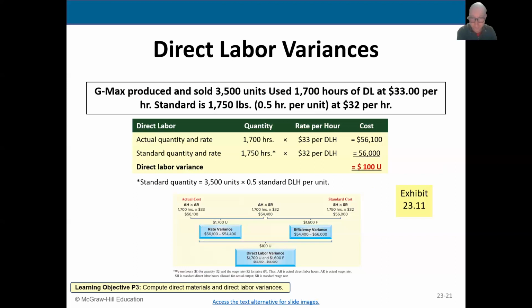That's the actual 1,700 minus the standard 1,750, giving us 50 times the standard 32, which gets us 1,600. 1,700 minus the 1,600 gives us a $100 unfavorable variance. We good? Direct labor? You see how it works, right? Very similar. Okay. Very good. All right. Cool.